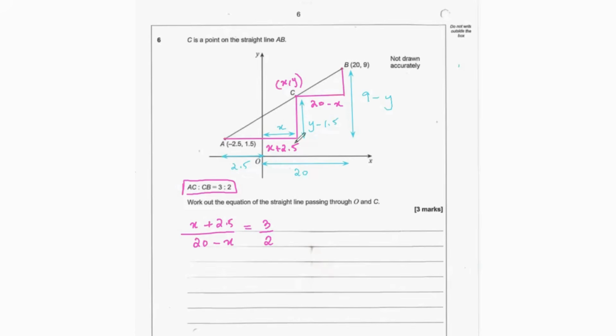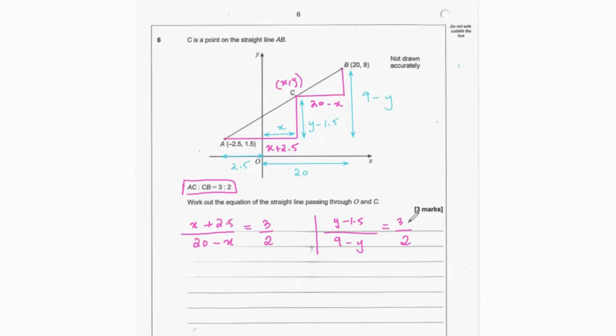So AC horizontal is x plus 2.5 and CB horizontal is 20 minus x. So x plus 2.5 over 20 minus x, same as 3 over 2. Similarly, now for the vertical distances, AC is y minus 1.5 over 9 minus y equals 3 over 2.